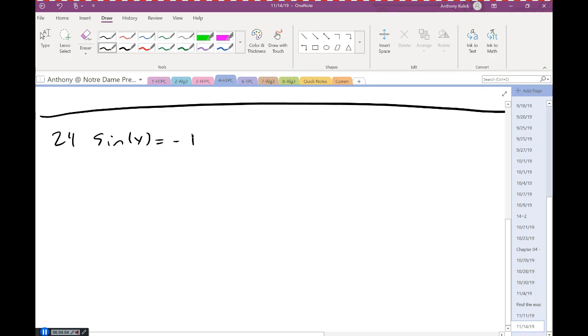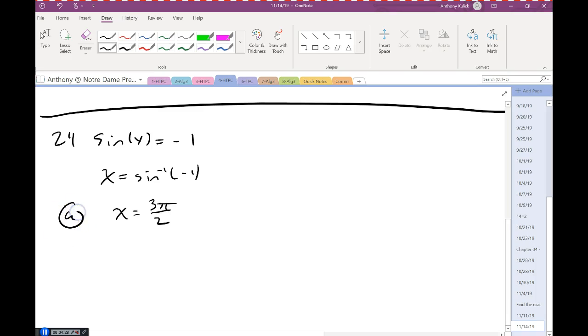Okay. So first things first, I would take sine inverse of both sides. And then I'm going to go to my unit circle and find the places where the y-coordinate is -1. That happens exactly once at 3 pi over 2.